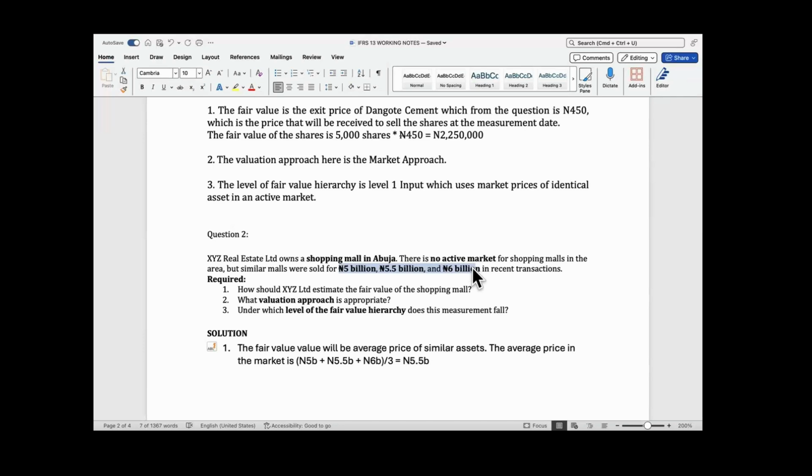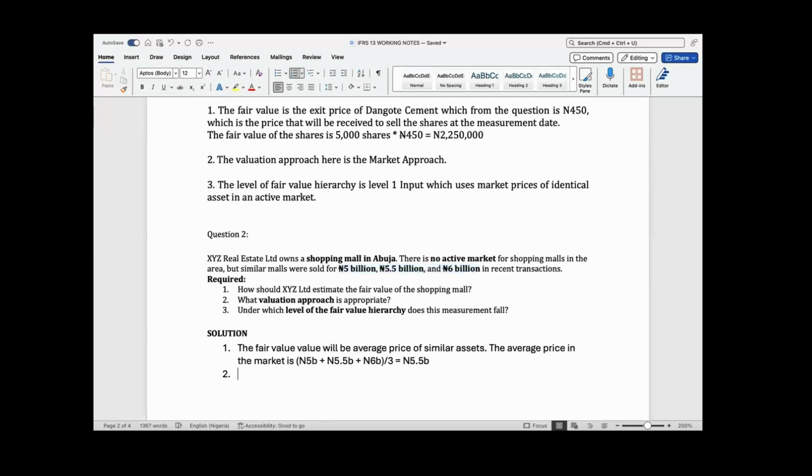But here, the examiner gave you 3 prices, so just get the average. Don't say I did not mention average. We can apply some common sense. It's like the average price of similar assets.